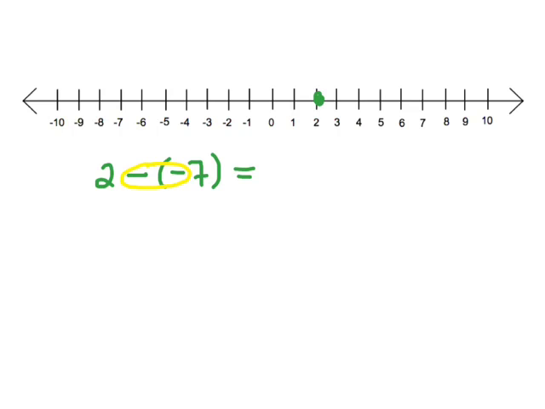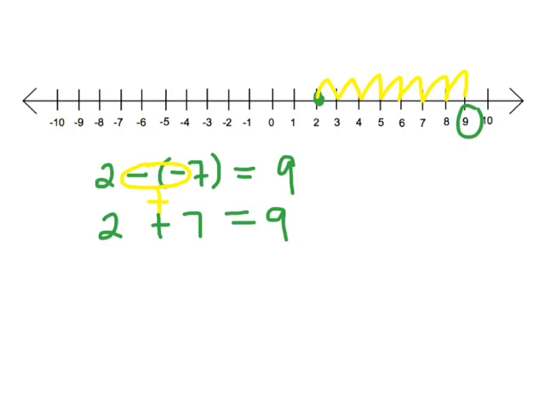What do you think? Yep. The number increases. Excellent. So am I going to move left or right? Yep. Right, how many? 1, 2, 3, 4, 5, 6, 7. And we end up at positive 9. This can also be written as 2 plus 7 equals 9.